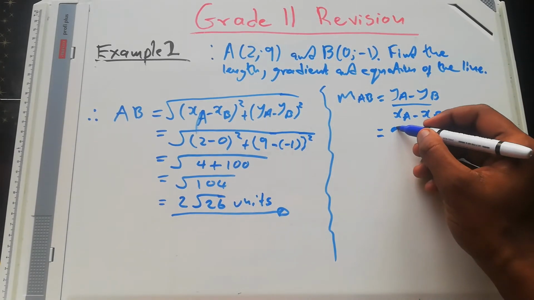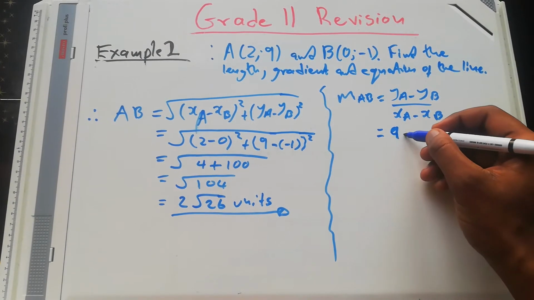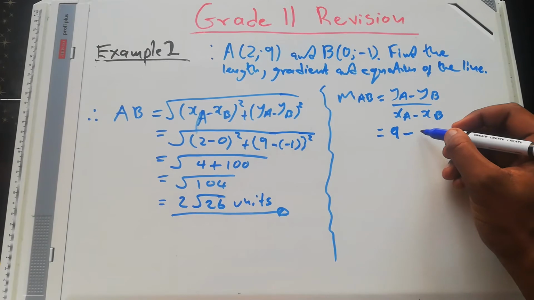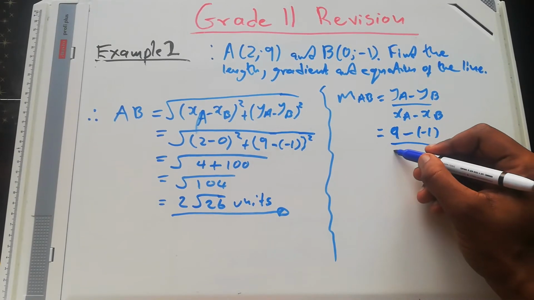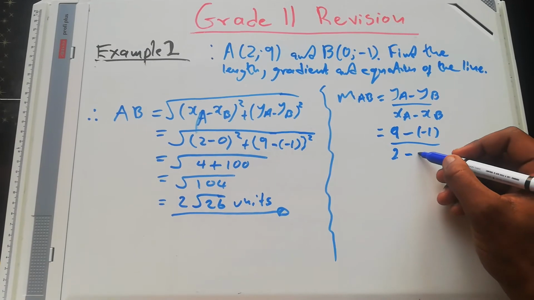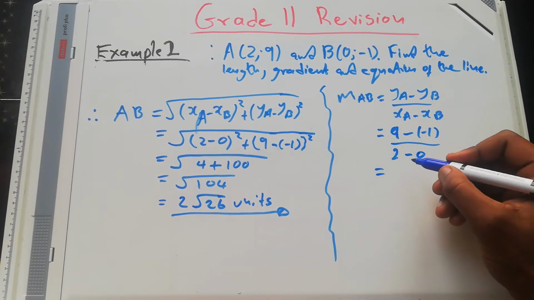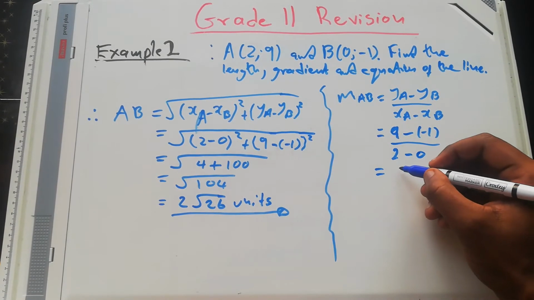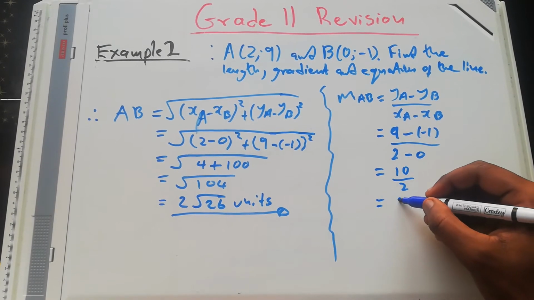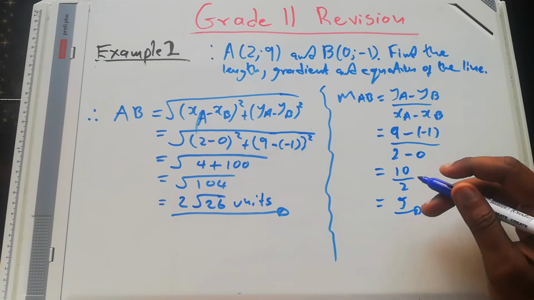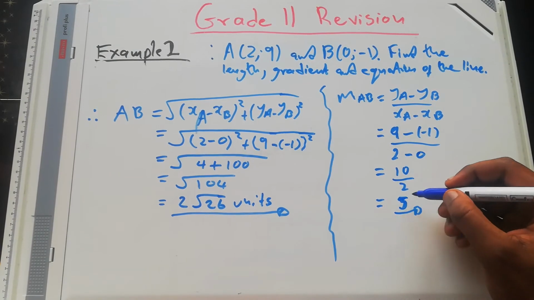So there's going to be 9 minus minus 1, and then here it's going to be 2 minus 0. So what you have here is 10 over 2, which is 5. So your gradient is 5.